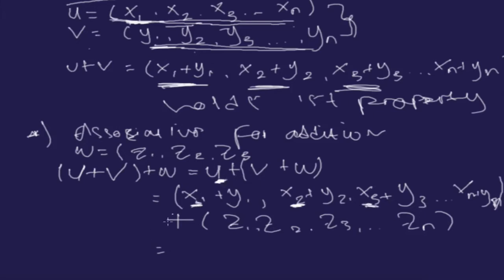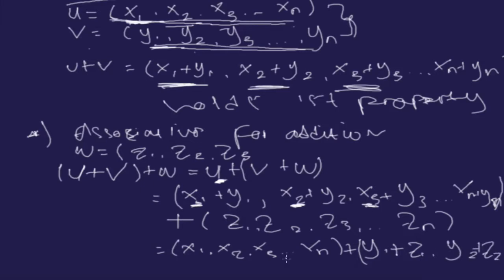We write x1, x2, x3, up to xn, plus the bracket (y1 plus z1, y2 plus z2, y3 plus z3, up to yn plus zn).